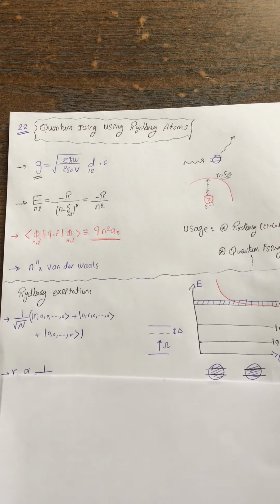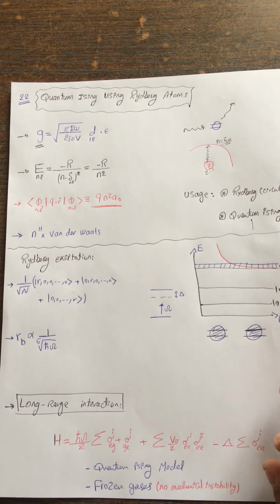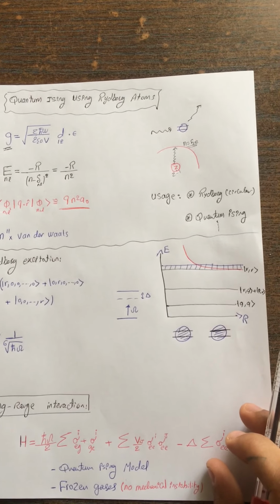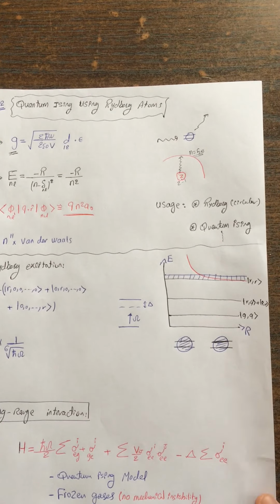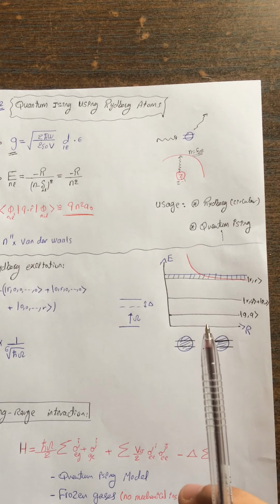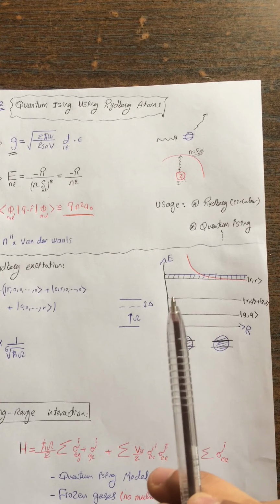Okay, so let me show this important model. Let's take first the Rydberg excitation. So let's see how Rydberg excitation happens. If you have two atoms, let's stick with one atom first. If you have one atom, you'd like to excite it to a specific state.